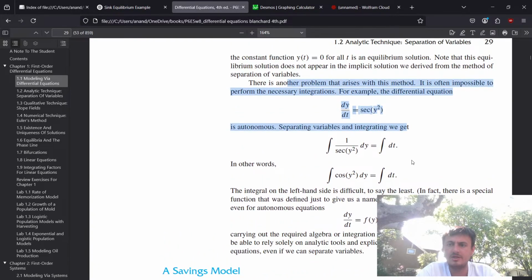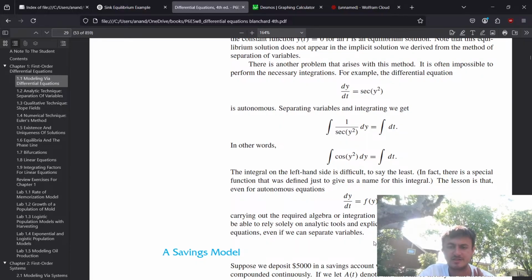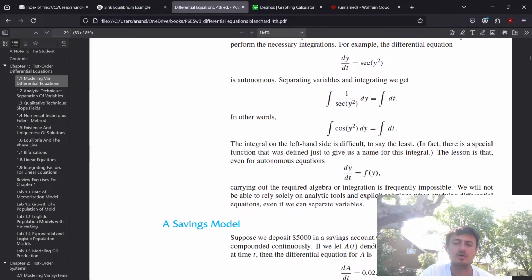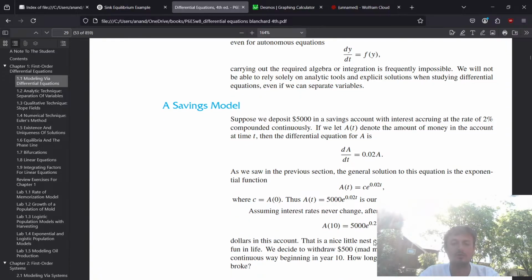There's another problem that arises: it is often impossible to perform the integrations. Okay, and then they introduce basically, look, this is not going to work for all of our stuff, because sometimes it's just going to get way too annoying.